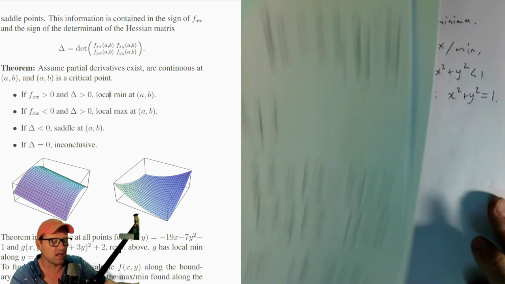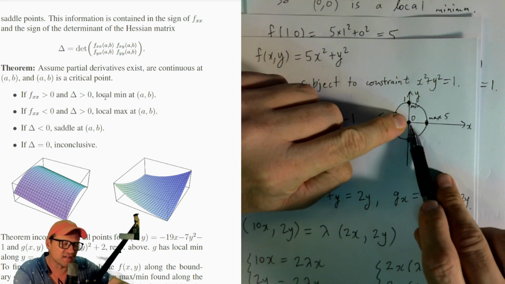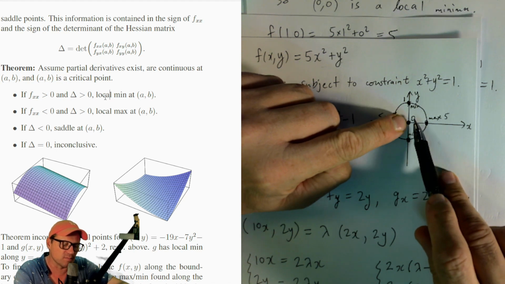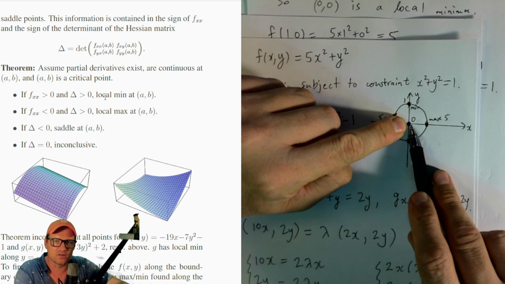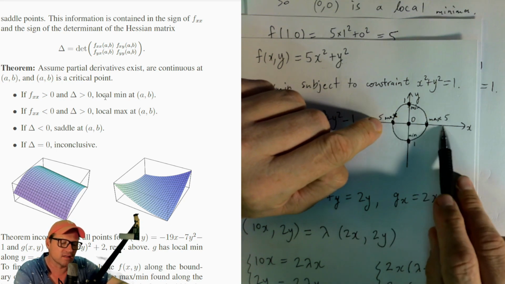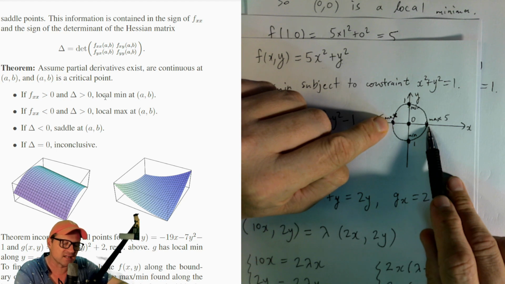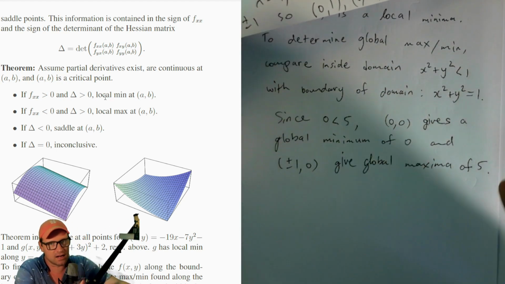Well, we've got minima along that boundary of 1, maxima at 5, but inside the boundary we have a single critical point at (0, 0) giving 0. Comparing 0 with 1 and 5, we can see that the point (0, 0) gives a global minima, and the points (±1, 0) give global maxima of 5. Okay, and so this completes question 14 and hence the tutorial.